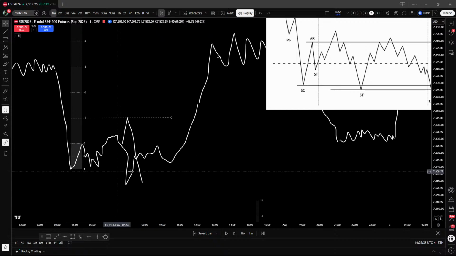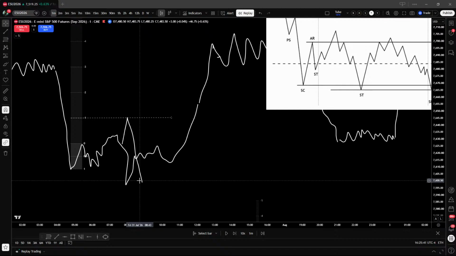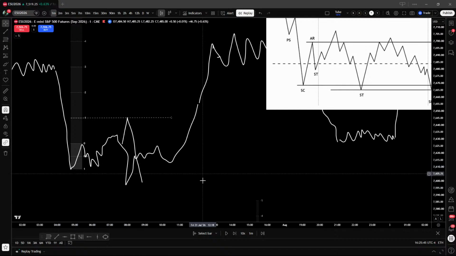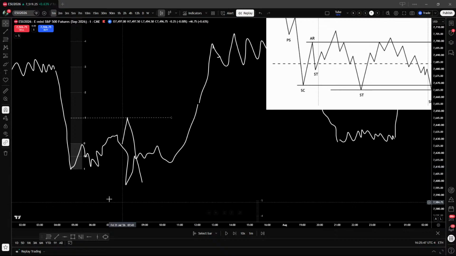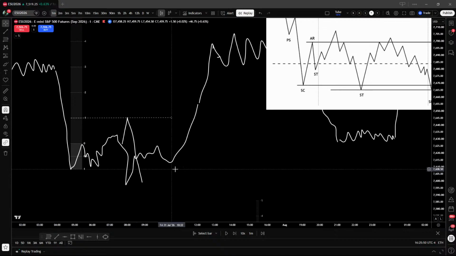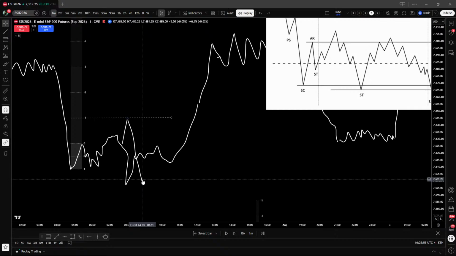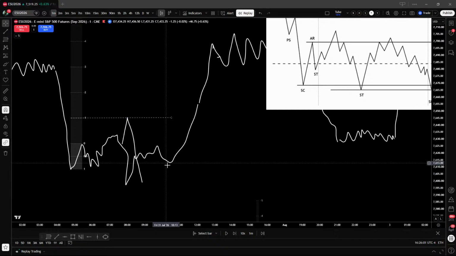And obviously, I want to see price at least stop here, when we have the new week opening gap or higher time frame fair value gap or whatever. I want to see price slowing down and then move back up. If it doesn't, then obviously that's not good.